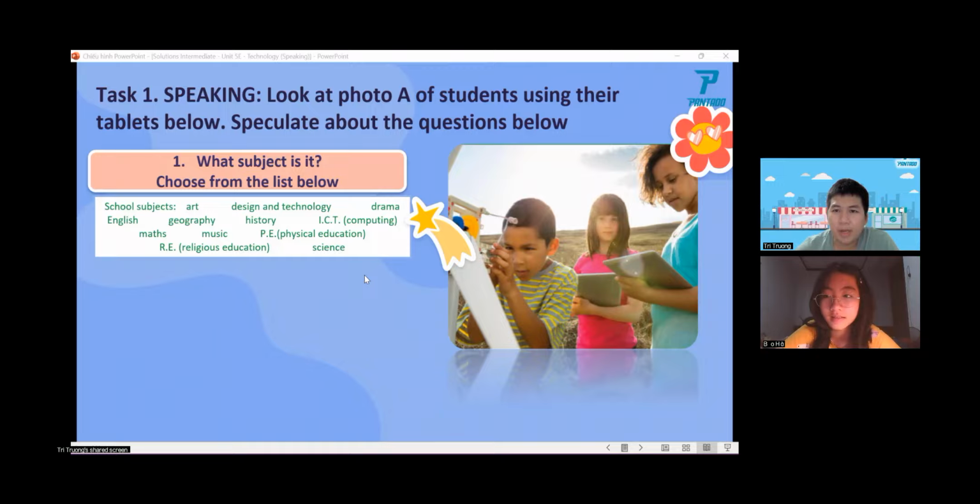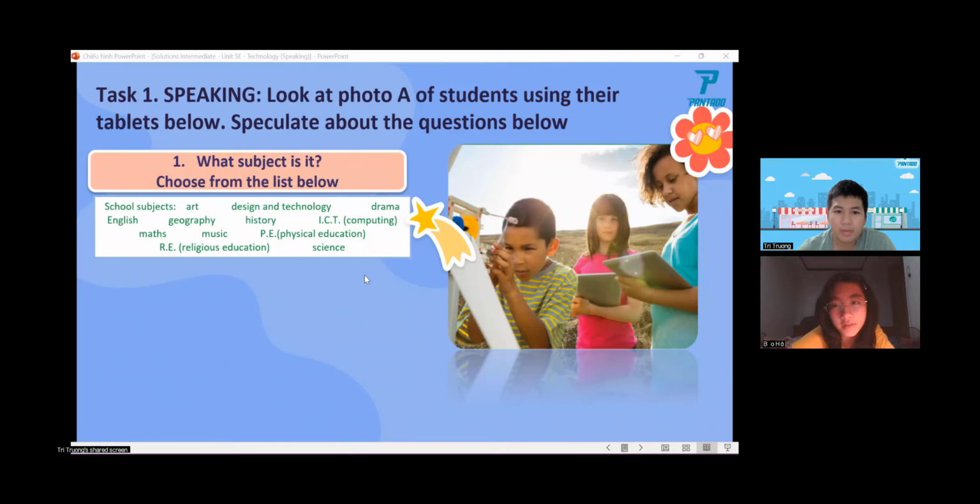And what is the boy doing? And what are the 2 girls doing? I think the boy is doing some experiment. Yes, and maybe it is science, I think.